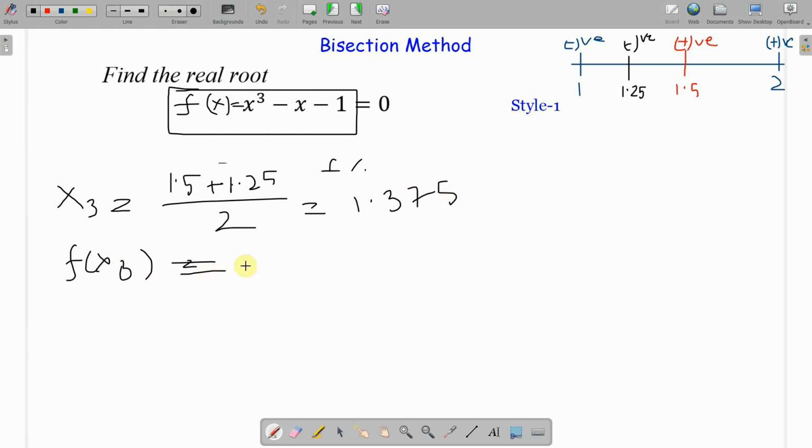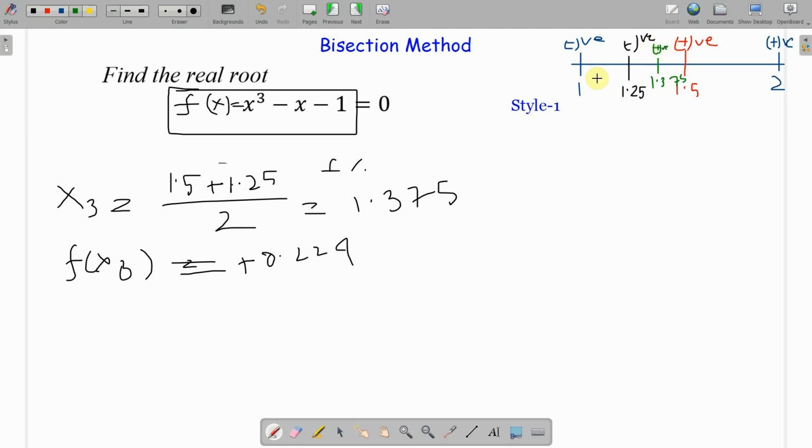Positive, sir. 0.224. It's a positive value. Okay, so this is the 1.375, and the value is coming positive.